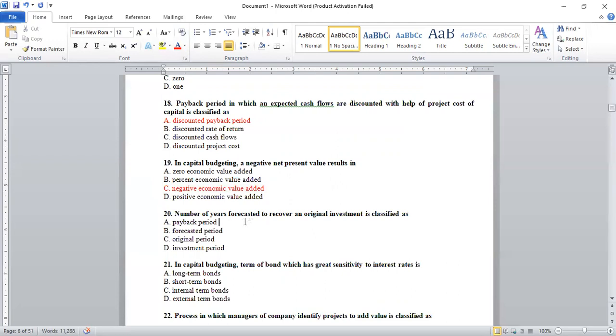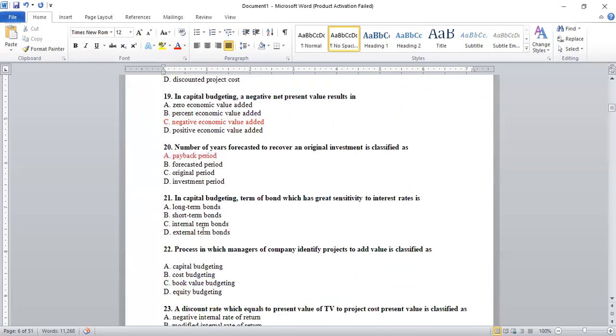Number of years forecasted to recover an original investment is classified as payback period. Question 21. In capital budgeting, a bond with great sensitivity to interest rate is a long-term bond.